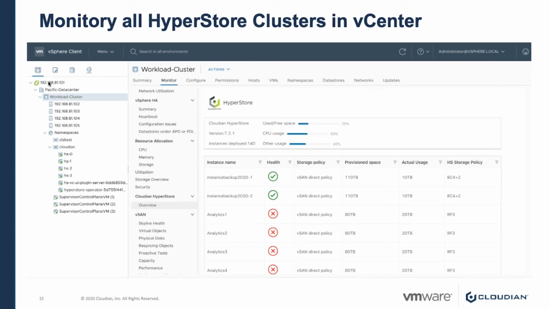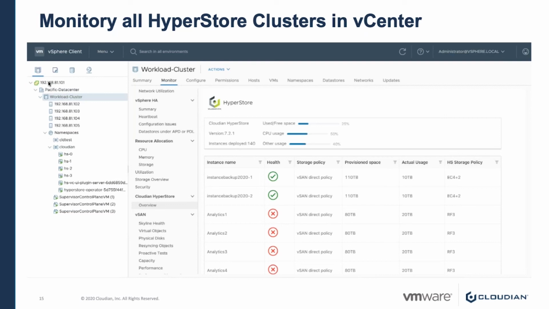And Gopala, this is the absolute key from what our customers are telling us, right? Right, exactly. As you mentioned, Sanjay, this is one critical value that we offer customers, wherein they use vCenter for all their needs, whether it is traditional applications, modern applications, objects, files, block. vCenter is their one-stop shop, single pane of glass of management. All the monitoring aspects that we have for traditional vSAN are extended to Cloudian as well.